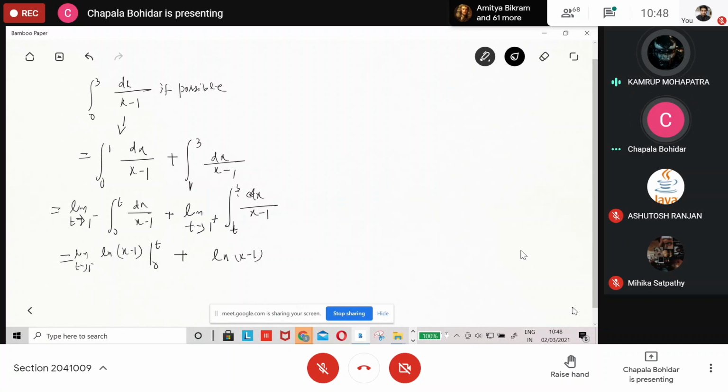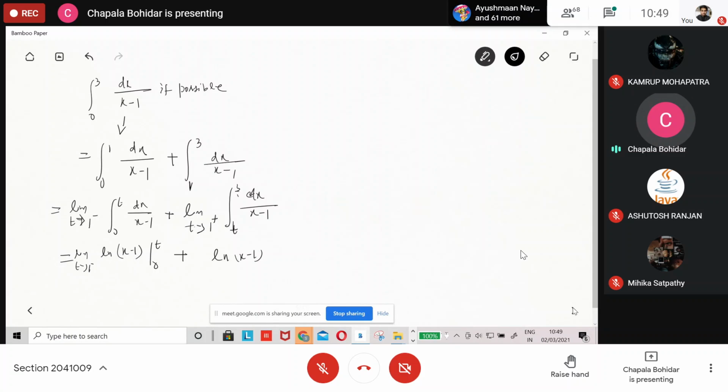Then minus infinity, what do you get? Minus infinity. Okay, all of you clear here? Solve it like this. It is an example you can see from your book.